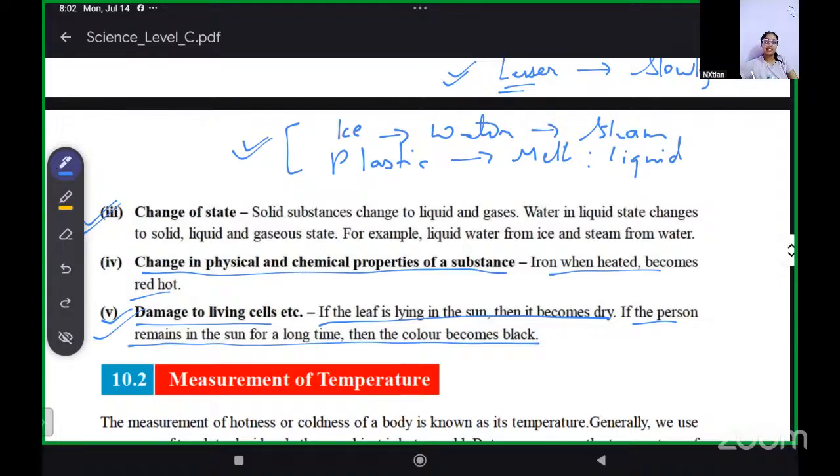Our skin cells become darker in color, and in prolonged exposure to the sun, heat and heat waves might cause sunburn and things like that. So that is the damage to living cells caused by heat from the sun.